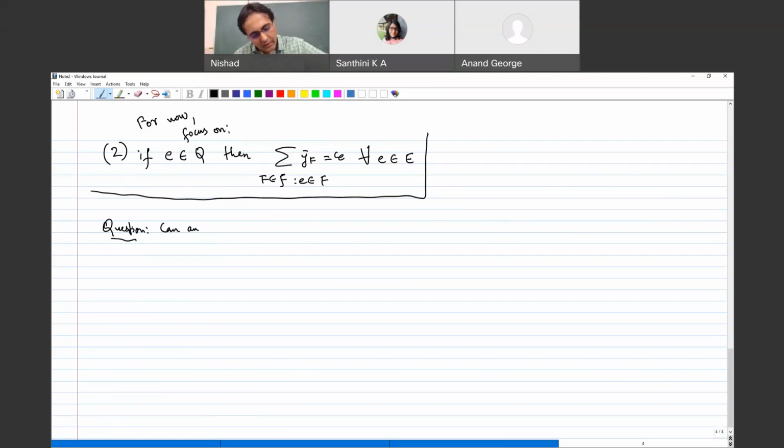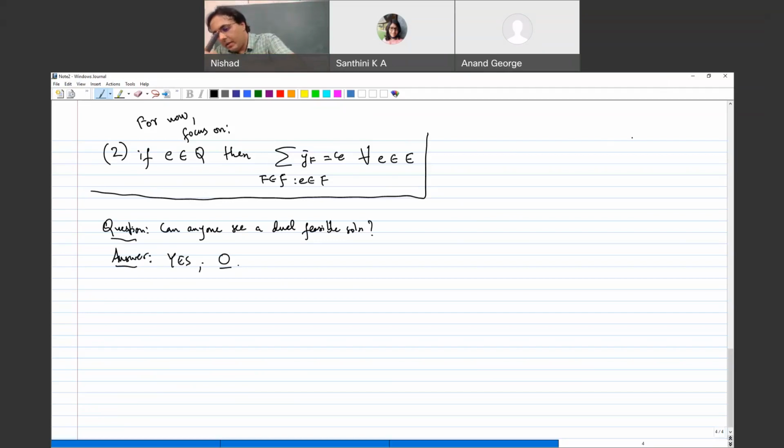Can anyone see a dual feasible solution? Right, all zeros. Exactly. So the answer is indeed yes, it is the all zeros vector. So let's write down the dual.